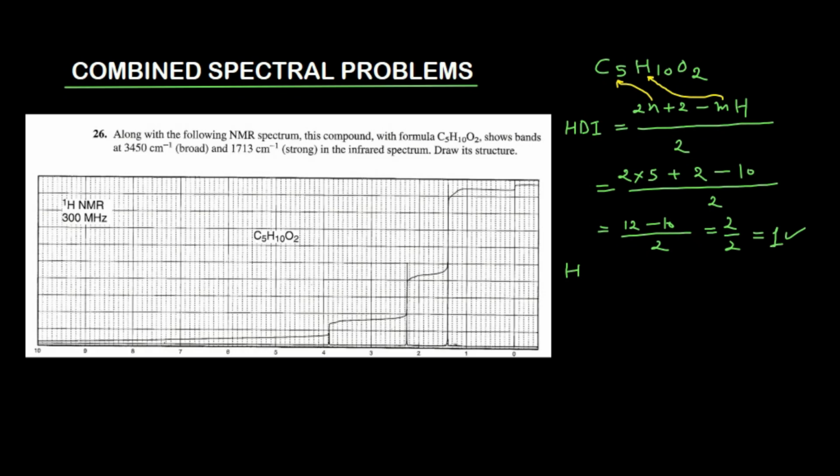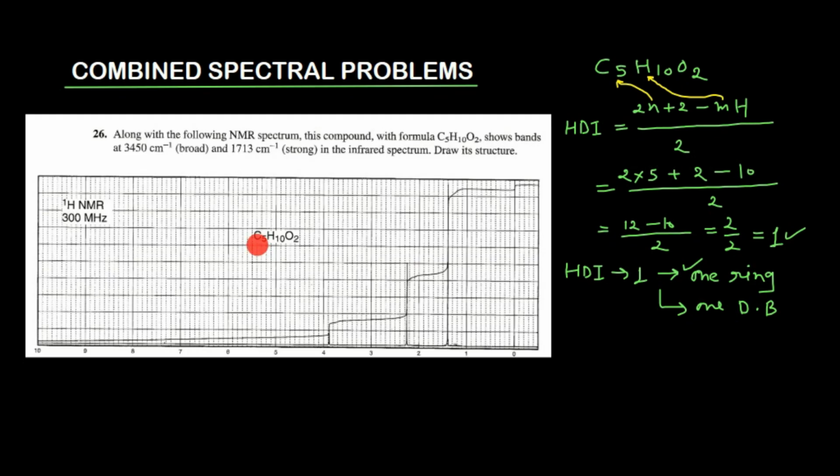Okay, so what does HDI 1 indicate? It indicates your molecule has one ring. This is the first possibility. And the second possibility is that your molecule may have one double bond. But you can see here that in this case only 5 carbons are there.